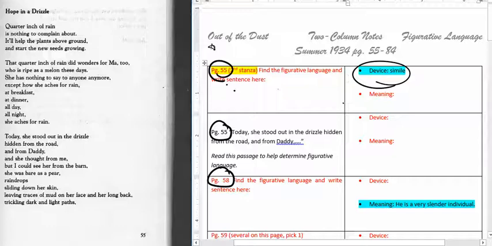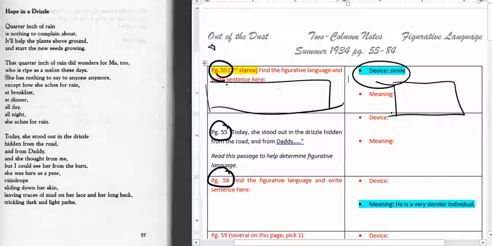So you need to find the device and write it in this box. And then you also have to describe its meaning for me. I've told you you're looking for a simile and where you can find it. Now it's your turn to give it a try. Please pause the video, find the simile, copy it down, and try to explain what it means.